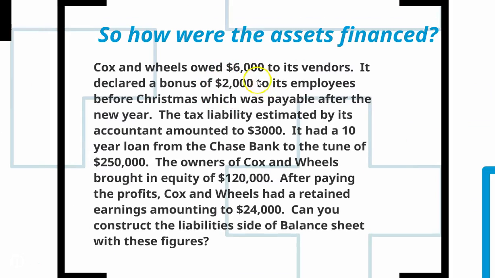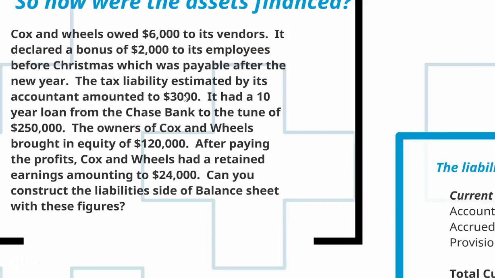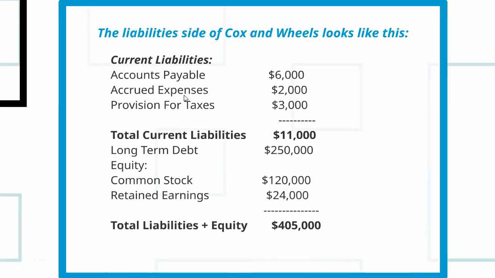Then this $2,000 of bonus that it has declared to its employees before Christmas, which is payable after the New Year's, is accrued expenses because it's payable after New Year's, that is payable within 1 year.